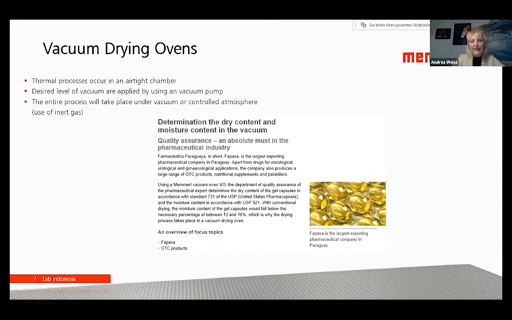Here we can see an example from a pharmaceutical company from Paraguay, South America, which has already been on the market for a very long time. They are using a vacuum oven for their moisture content, and they need to have 13 to 16% moisture content in these gel capsules, which is very important to have the best gel capsules, meaning the best quality for use.